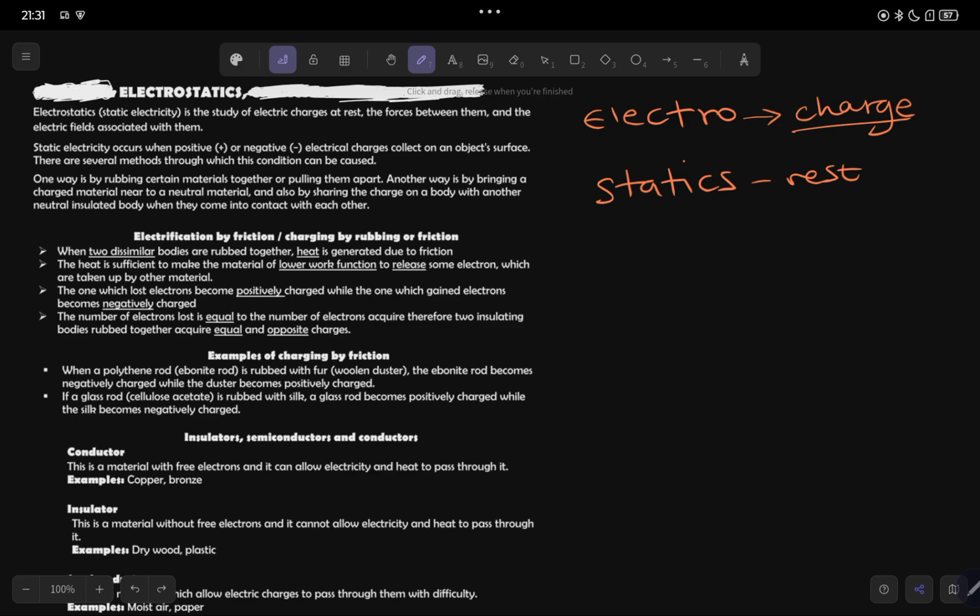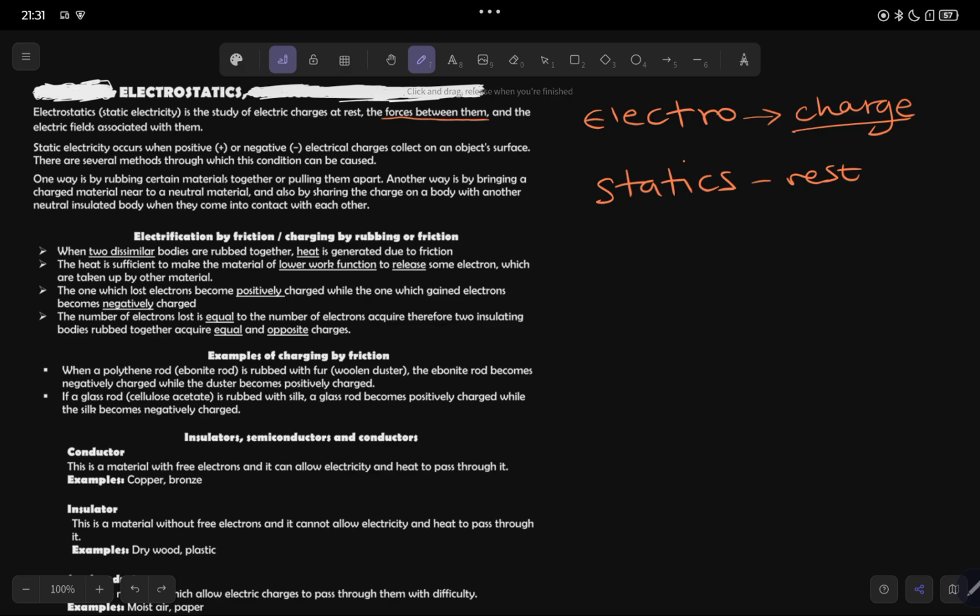What do we study about these charges that are not moving? These charges always generate forces between them. If you have any two charges, or three, whatever, but between any two charges, you'll always be having a force either of attraction or repulsion.